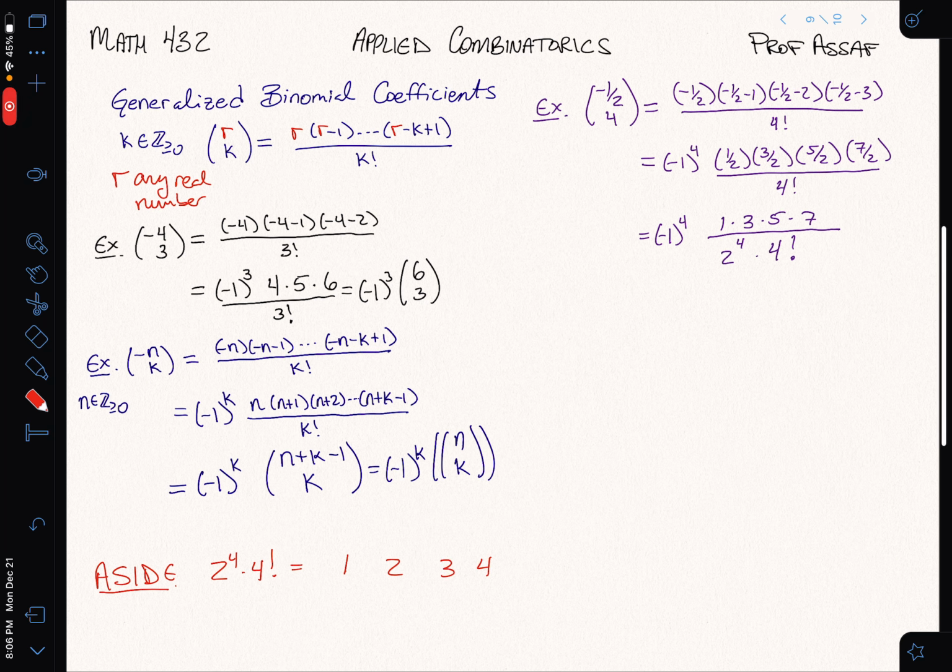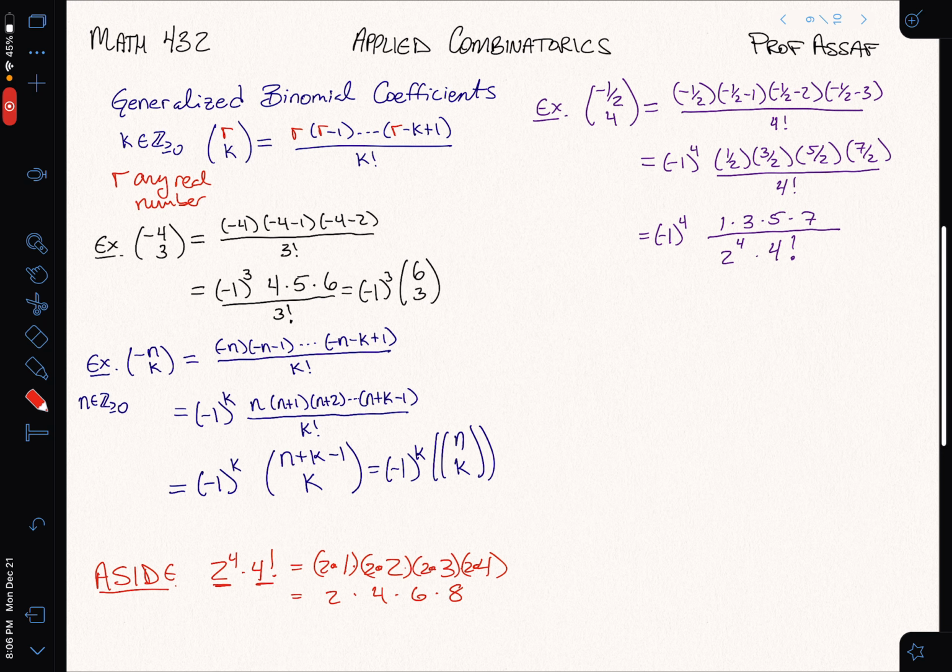And 2 to the 4 is a 2, a 2, a 2, and a 2. And then I multiply these all together. But I could think of grouping them like this, where I put one of each of these 2's with one of each term here. And then I just get all the even numbers: 2 times 4 times 6 times 8.